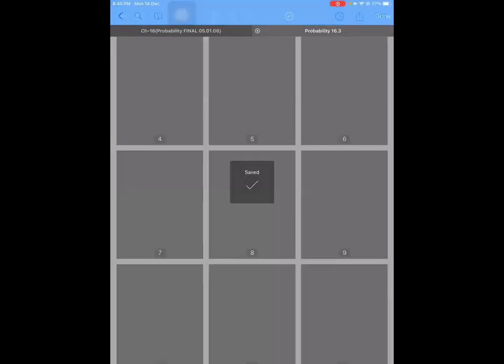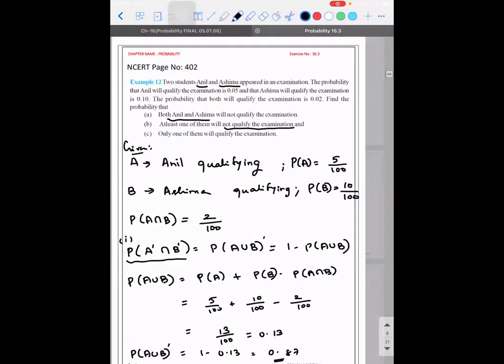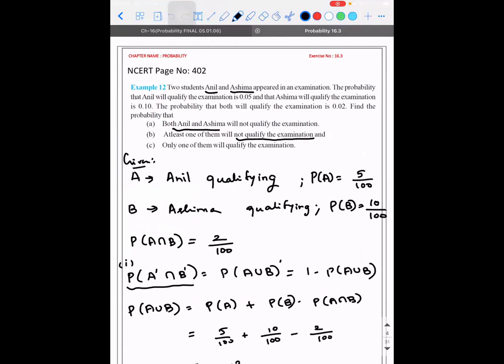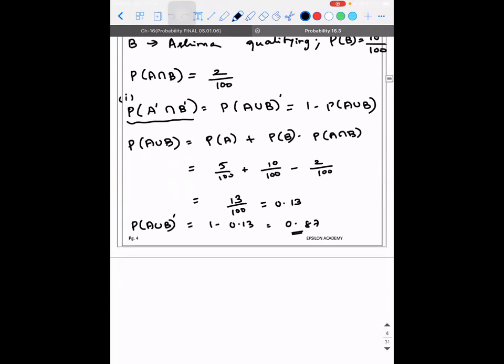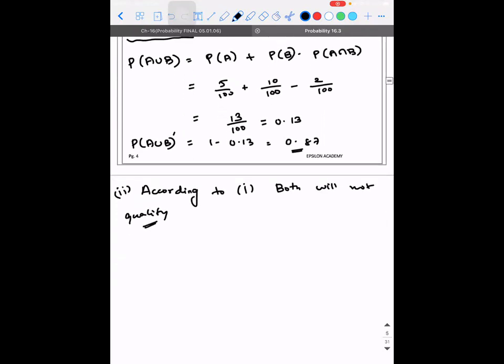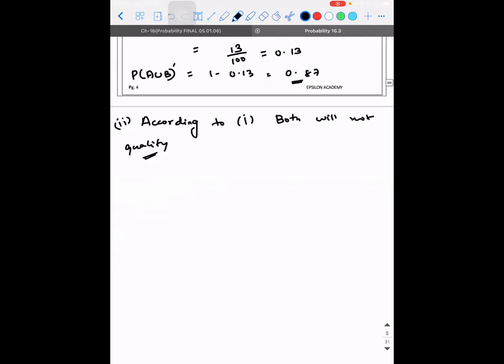Next one. Probability that at least one of them will qualify. So here, what have I told? According to the first one, both will not qualify. Correct? So tell me, what are all the possible combinations, guys? A will qualify and B will fail.